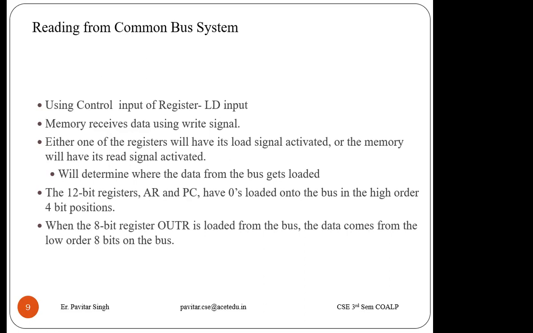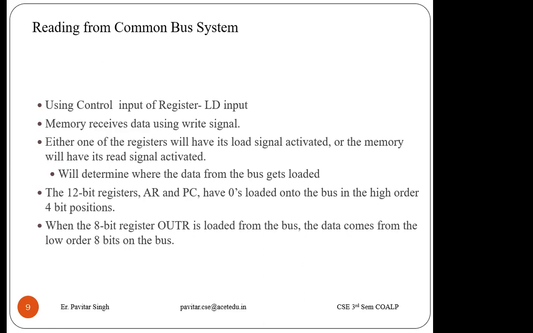INPR and OUTR deal with 8 bits, right? You can see that we are using the concept of a common bus system, which is 16 bits. So where do the remaining 8 bits go? Or in the case of 12 bits, where do those 4 bits go?